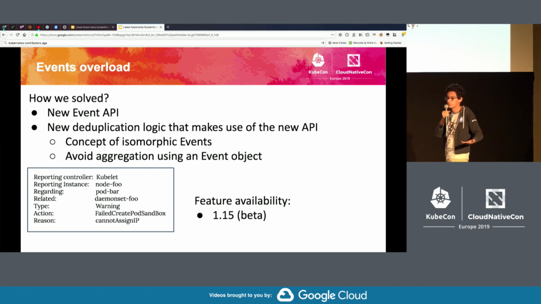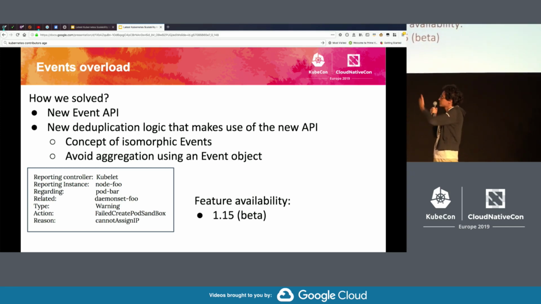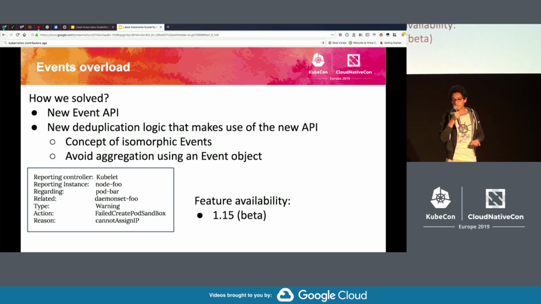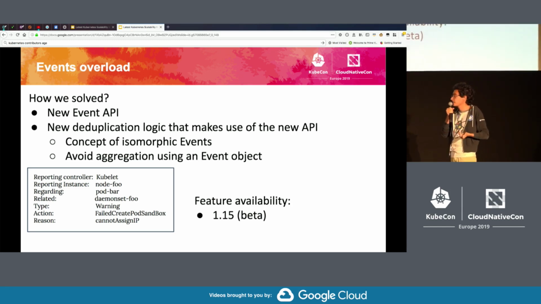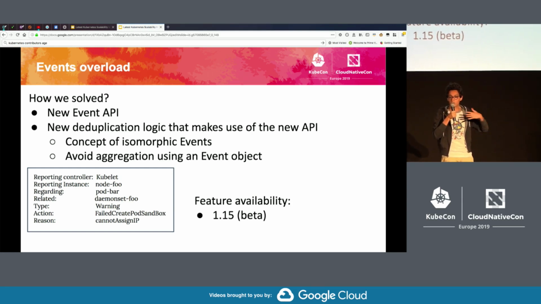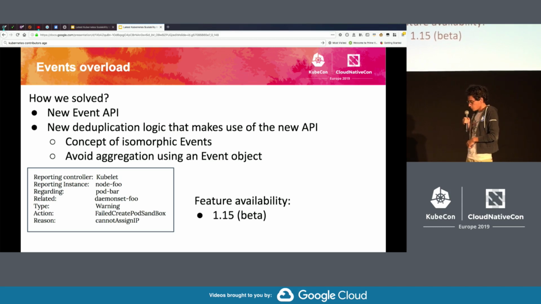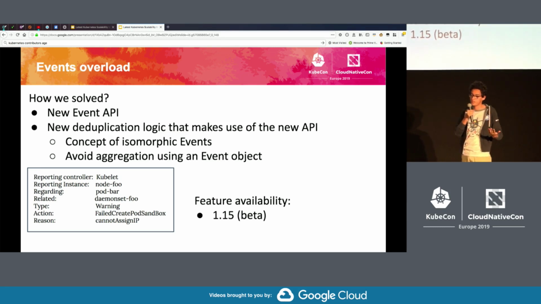Two events are isomorphic if they have the same subset of fields, for example, the reporting controller, the reporting instance, the type of the event, the action that was taken, and so on. We also try to avoid aggregation by creating a new event object on top of all the events that we've created to say, hey, I just aggregated all the events. This feature is available in beta on 1.15.